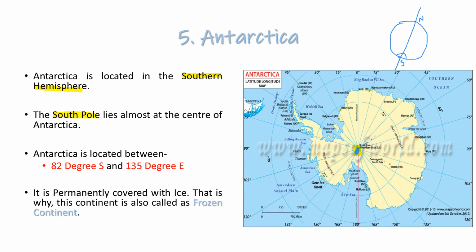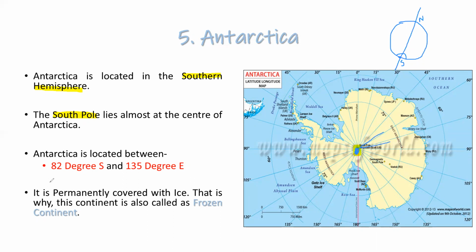And all these lines you see are meridians. As we know, all the meridians join together at the polar end. So these are all meridians joining at the South Pole. This white or yellowish thing here is our Antarctica.